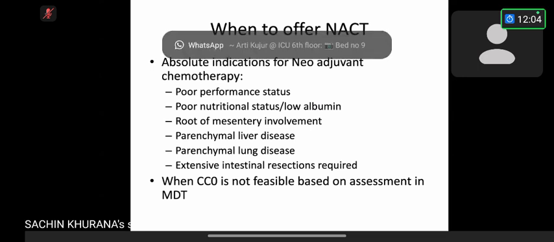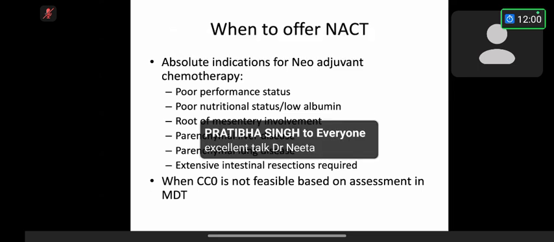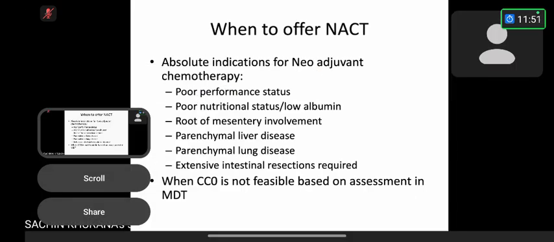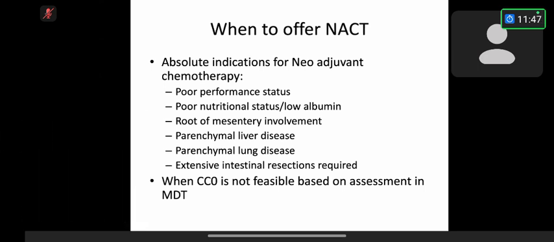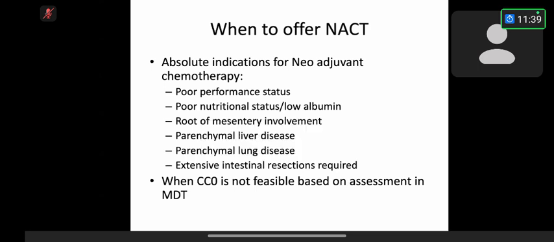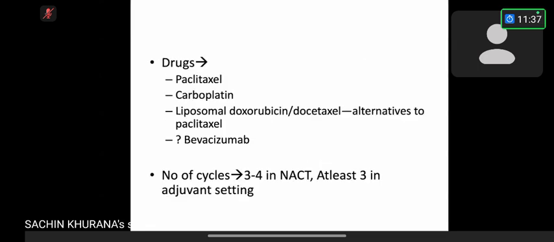That should be based on an assessment in an MDT, predominantly by radiologists and surgeons, and should also include medical oncologists and palliative care physicians. But the most important assessment is by the gynae surgeon, whether a CC0 resection is feasible or not, and that should take things forward, whether to give NACT or adjuvant chemotherapy.